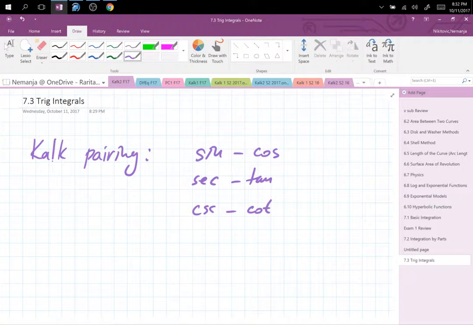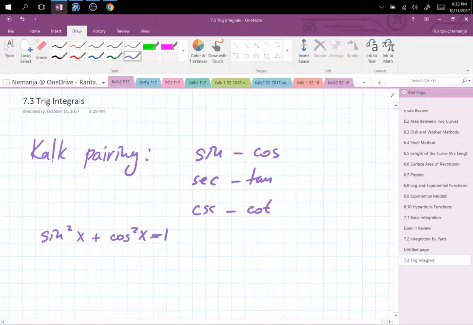You also need to know the tangent, sine over cosine, all that kind of stuff. You also need to know the Pythagorean identity, sine squared x plus cosine squared x equals 1. And then if you divide through by cosine squared, you get tangent squared x plus 1 equals secant squared x.